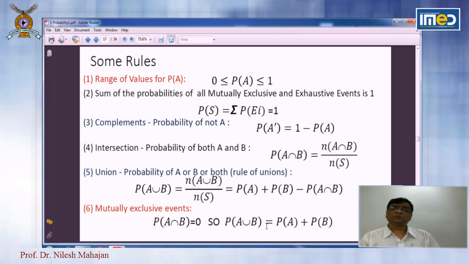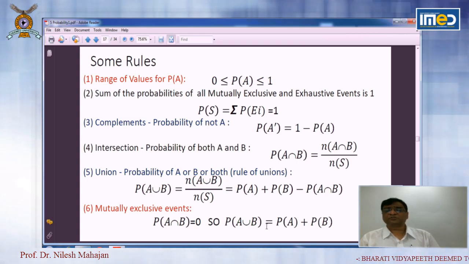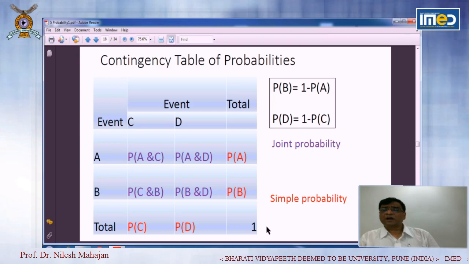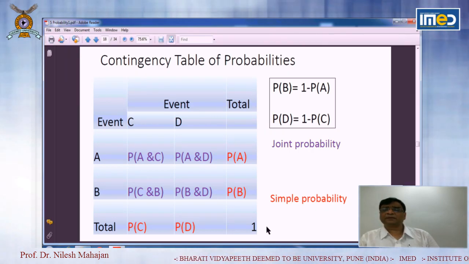So P(A union B) equals n(A union B) upon n(S), which equals P(A) plus P(B) minus P(A intersection B). The next rule is mutually exclusive events: P(A intersection B) equals 0, so we substitute this value and find P(A union B) equals P(A) plus P(B).